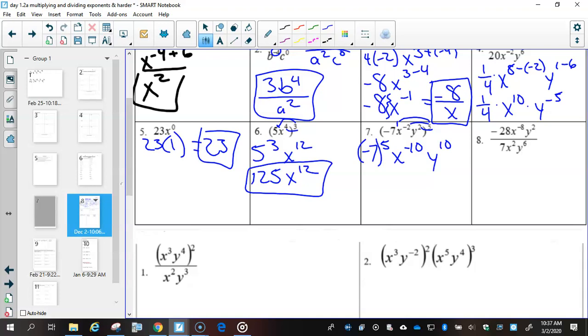Use your calculator if you don't know. It's a big number. Negative 16,807. In this case, we have a negative exponent, so we would need to put that in the denominator.